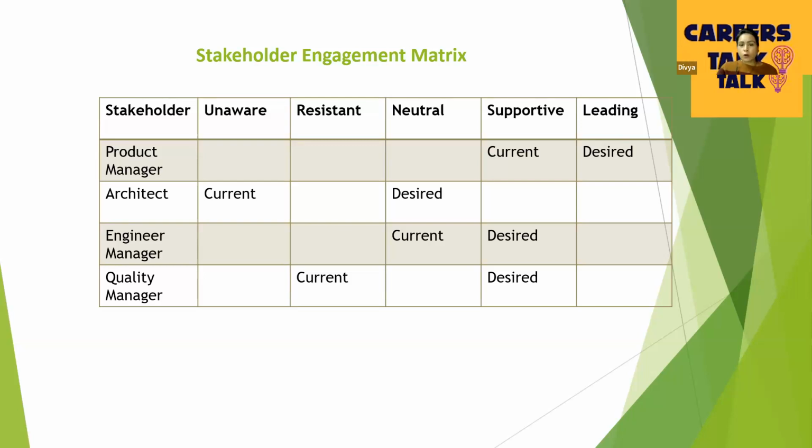So this is a stakeholder engagement matrix, which you can draw while carrying out the project, and it helps you know how to interact with each stakeholder, what they are expecting, and how you can resolve the conflict of interest, and whatever other major problems can be solved by using this matrix.